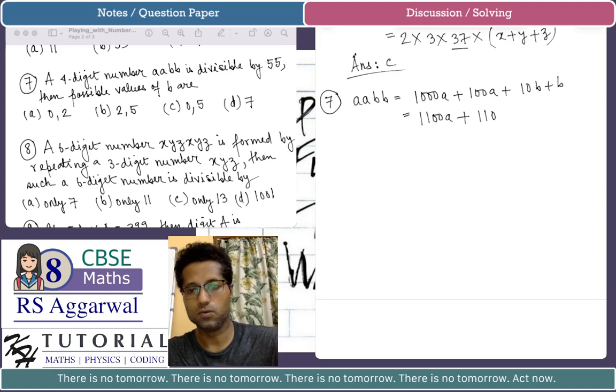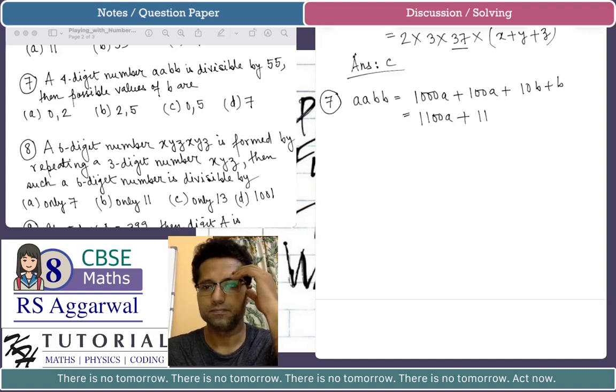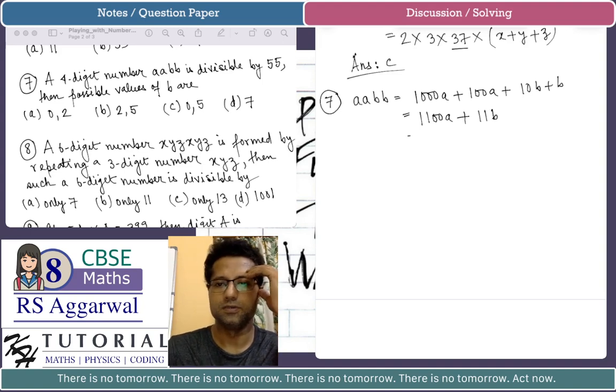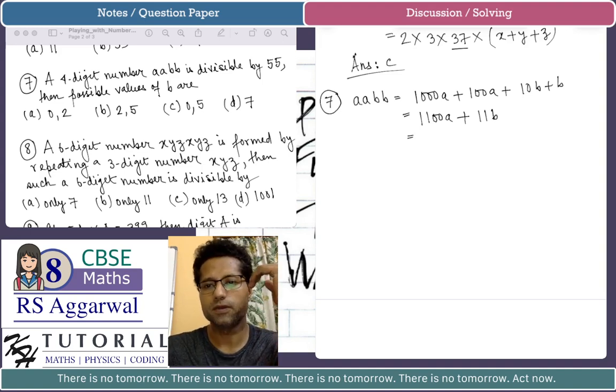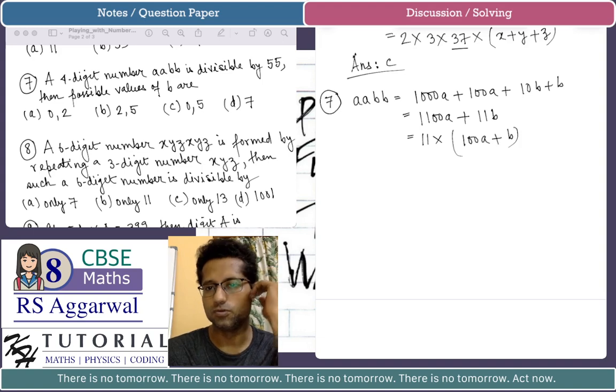This is equal to 11 times 100A and 11 times 10B. We can take 11 as a common factor, and this is 11 times (100A plus B). So this number AABB, irrespective of the digits A and B, is definitely divisible by 11.